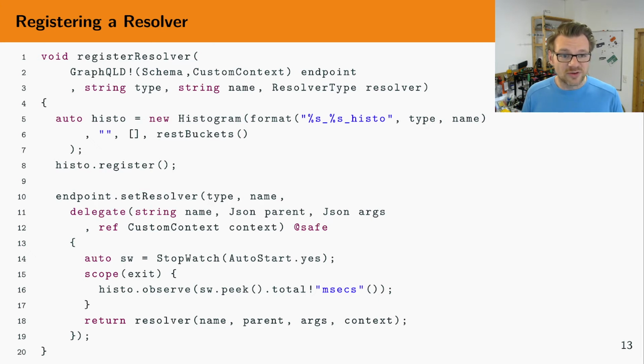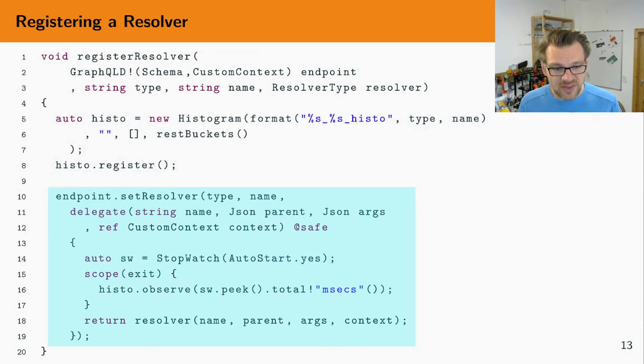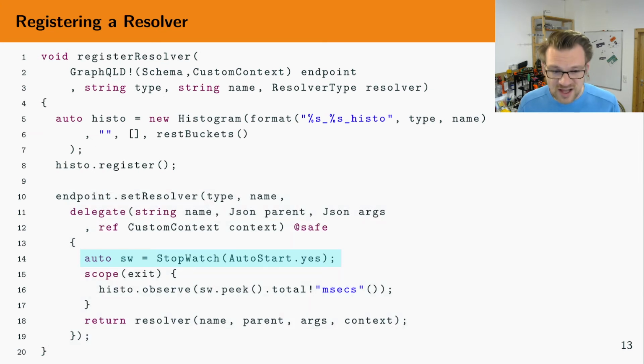And what this function does here is, before we register the resolver, we use the Prometheus package available on code.dlang to create a histogram. And that is basically just like a list of buckets where we store how long stuff takes and how often that duration appears in the runtime of the program. After that, we set a resolver, and this resolver is not the one we passed in as the parameter, but is a resolver that in the beginning starts a stopwatch, calls the resolver with all the parameters, so it's basically just a pass-through.